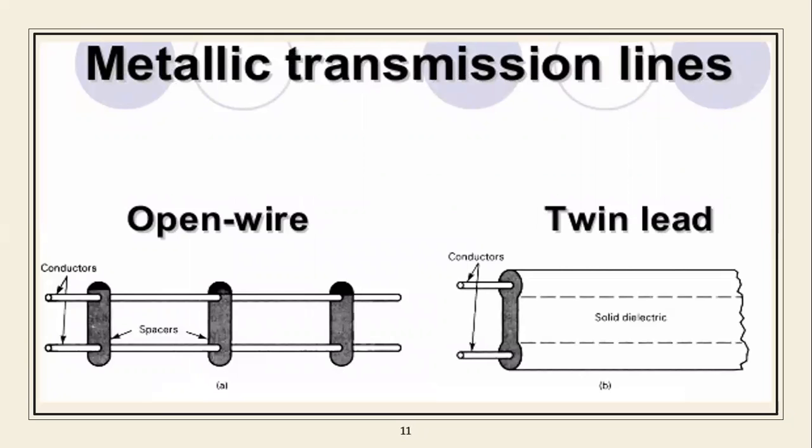Okay, so see here, I have tried to elaborate the metallic transmission lines, the open wire and the twin wires. Open wire is open on both sides. We are not interested here in the antenna, transmitting antenna and receiving antenna, simply in the transmission line.